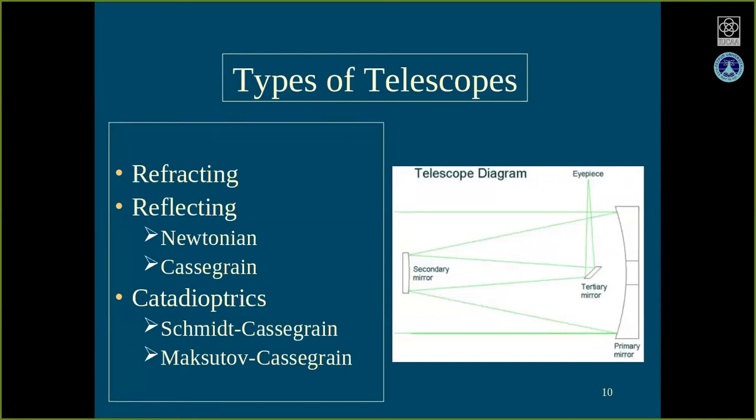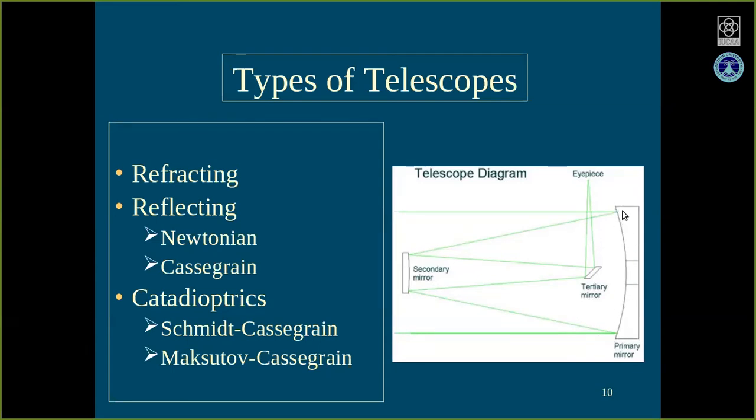So suppose this is the ray diagram of a telescope. This is my telescope, and this is my main mirror. Main mirror means, suppose there is a star, the starlight is incident on this primary mirror first.